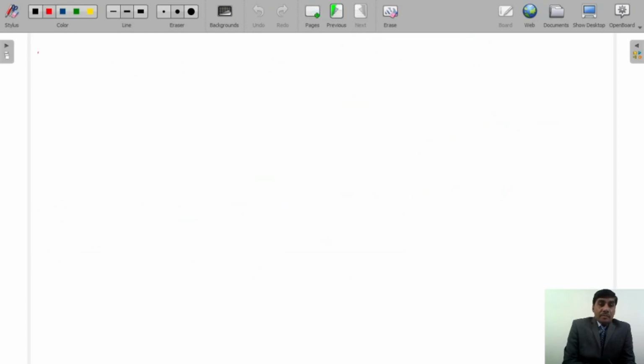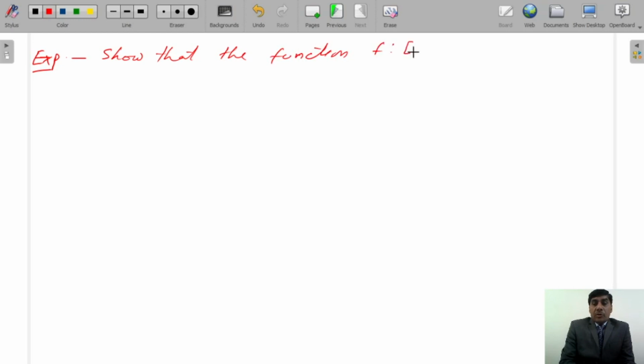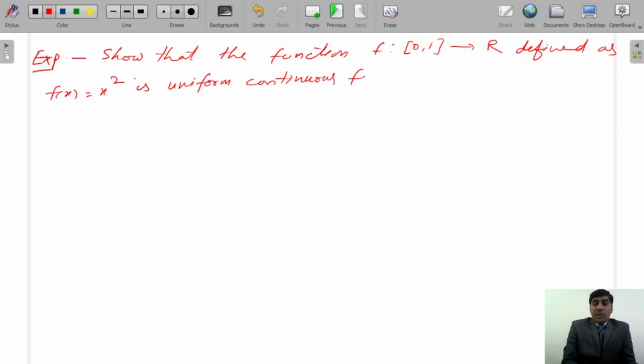Next example. Show that the function f from [0, 1] to R defined as f of x is equal to x square is a uniform continuous function.